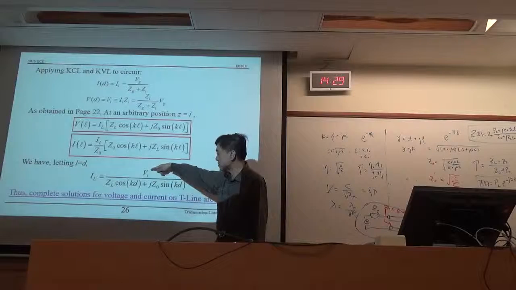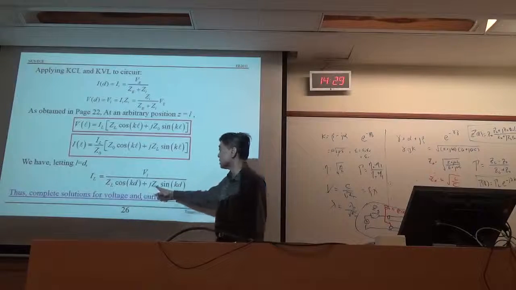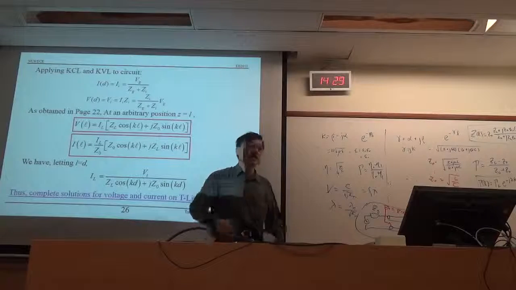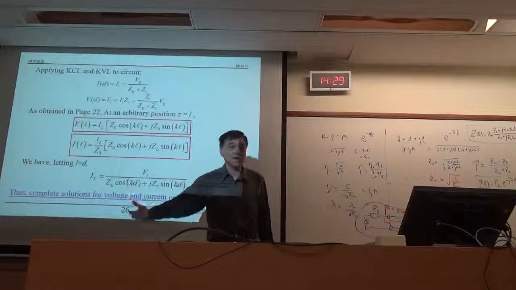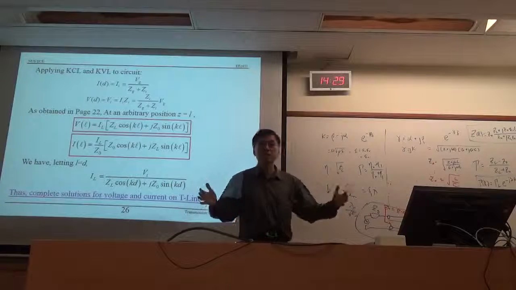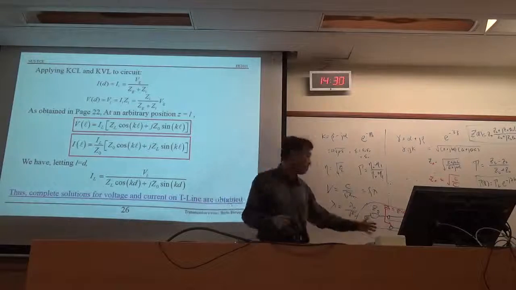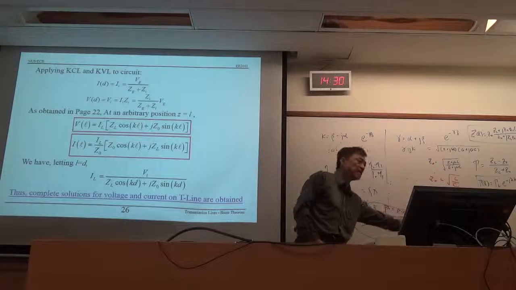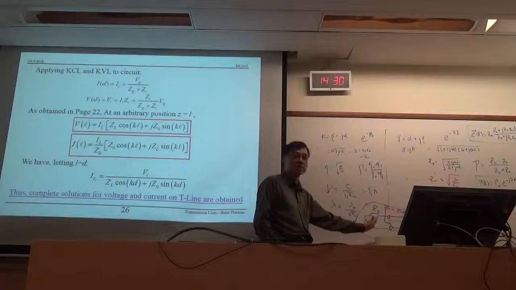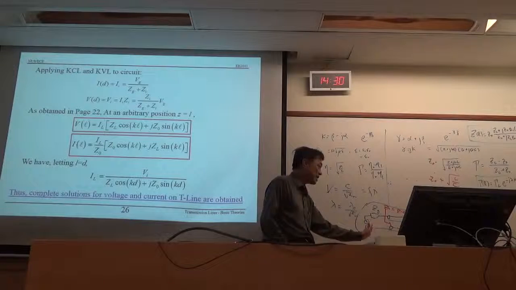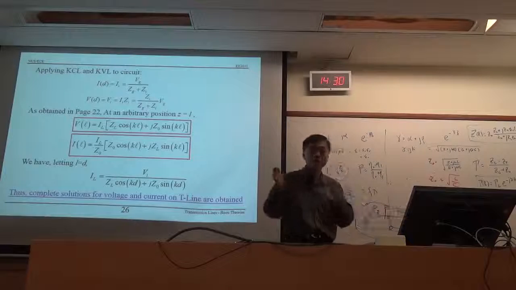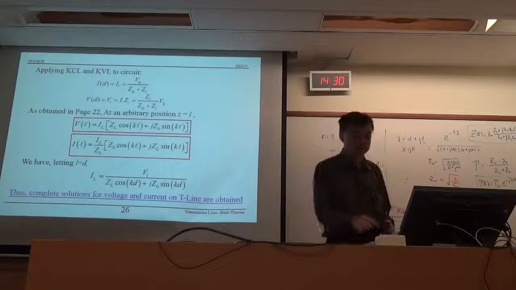If we substitute VI here, ZL we know, Z0 we know, kd we know, we can find the current and the voltage back at the load again. So the whole transmission line solution becomes: move forward from ZL to a Thevenin equivalent circuit, and then move backward, and then forward again. We will look at some examples later on.